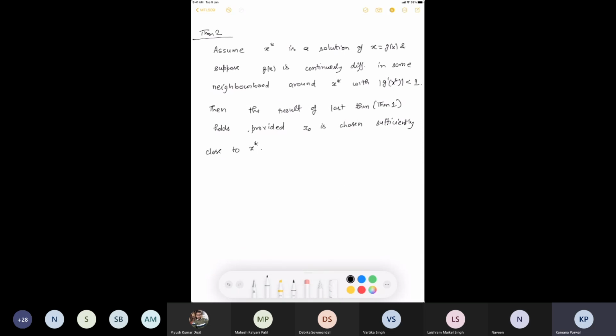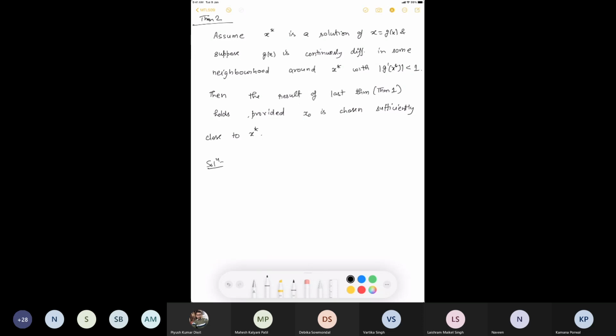So let's try to see if we can get hold of the interval [a, b], knowing the information that the mod of g prime of x is strictly less than 1.